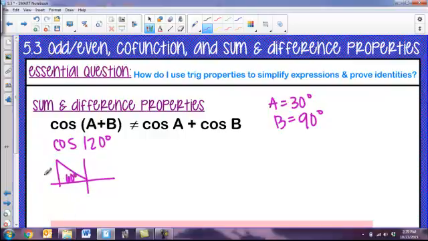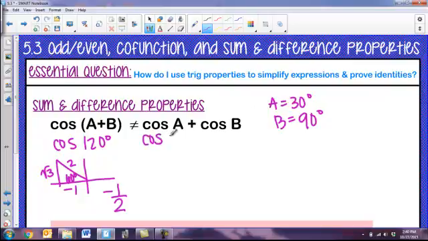So when I write my unit circle, I put out my ratios. This would be root 3, this would be -1. So the cosine of 120 would be adjacent over hypotenuse, and I would get that the left side is equal to -1/2.